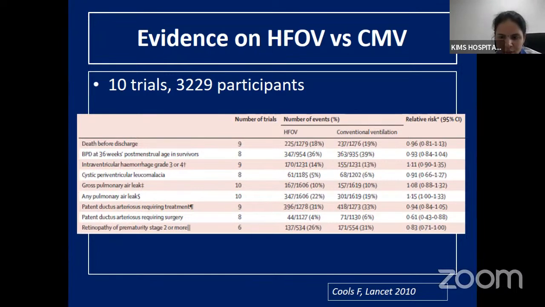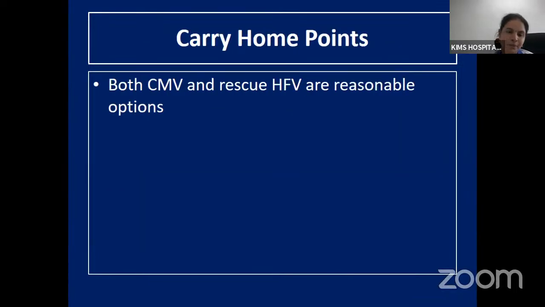There was a trend towards a reduction in ROP of stage 2 or more, and there was also a significant reduction in PDA requiring surgery. Possibly these were related to the use of open lung strategy and limiting the use of FiO2 with ventilation.